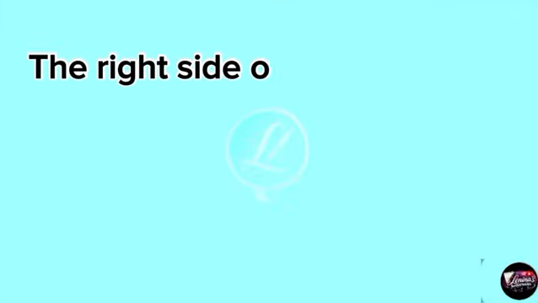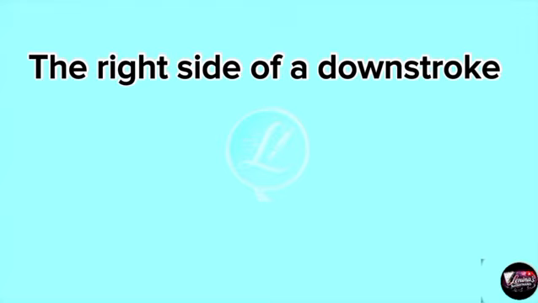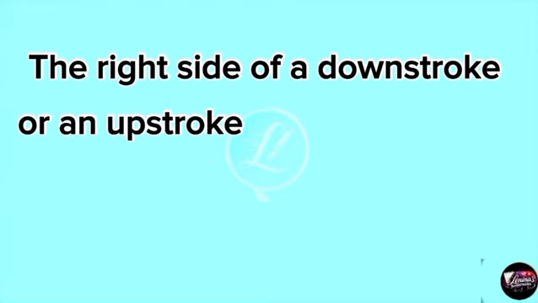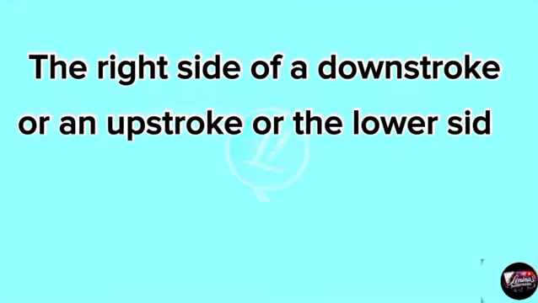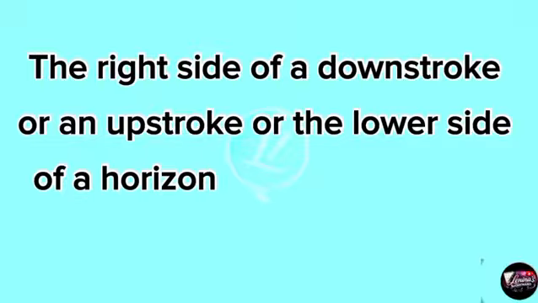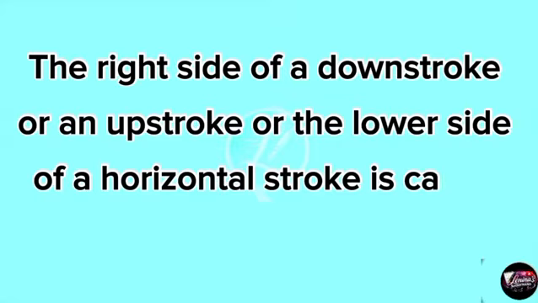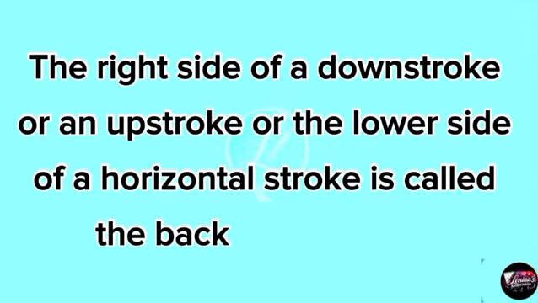And the right side of a downstroke or an upstroke, or the lower side of a horizontal stroke, is called the back of the stroke.